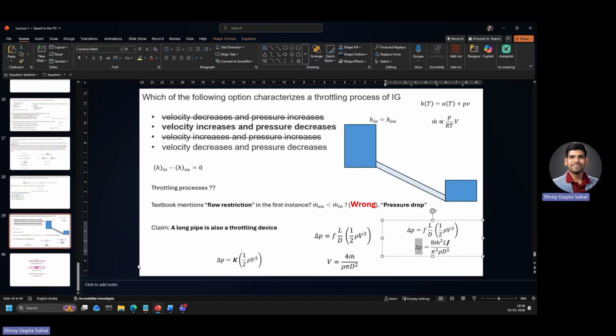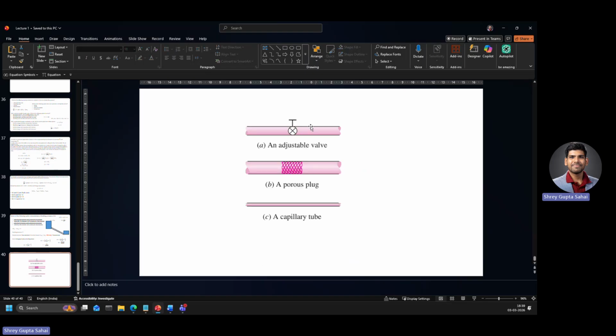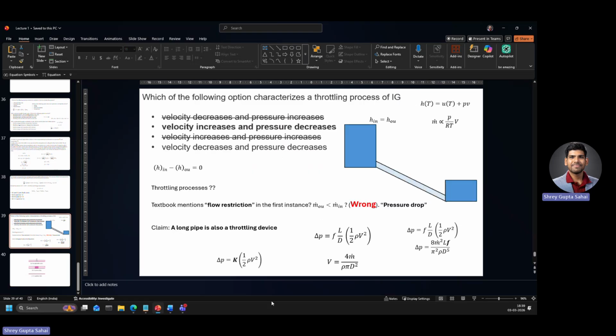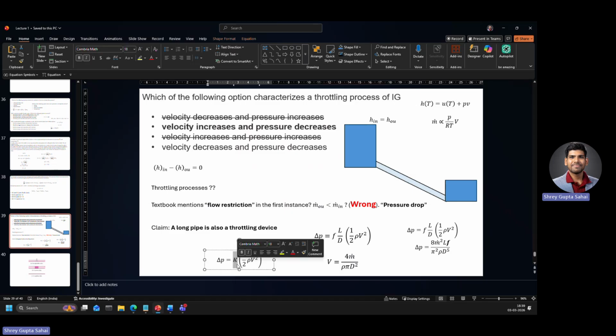If you introduce an adjustable valve, a porous plug or a capillary tube in your pipe, essentially what you're doing is increasing your frictional component.